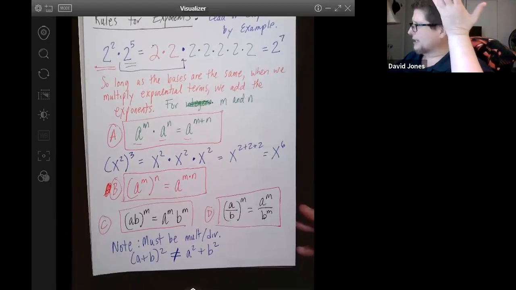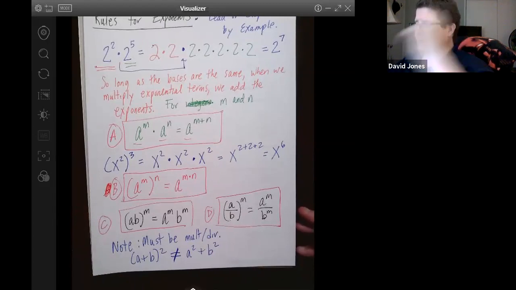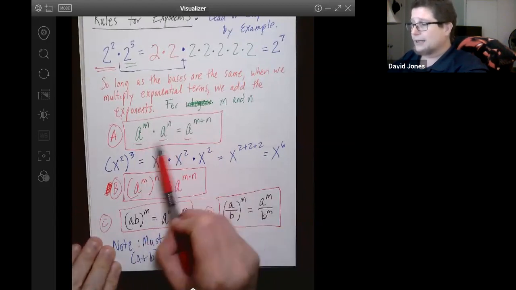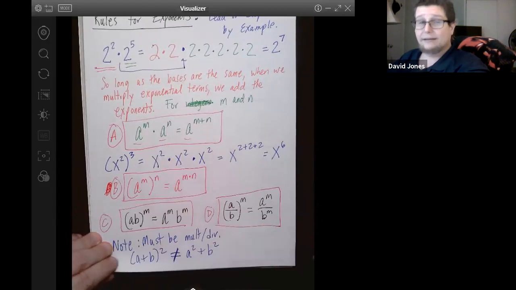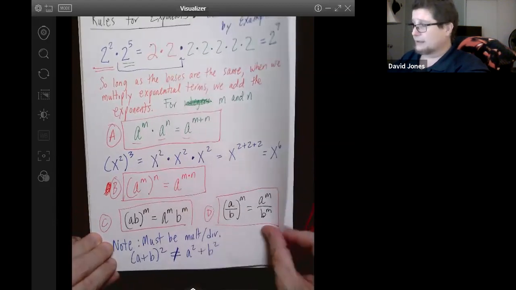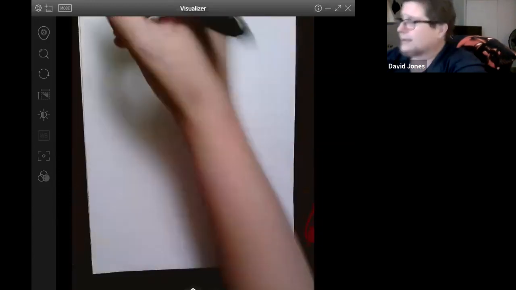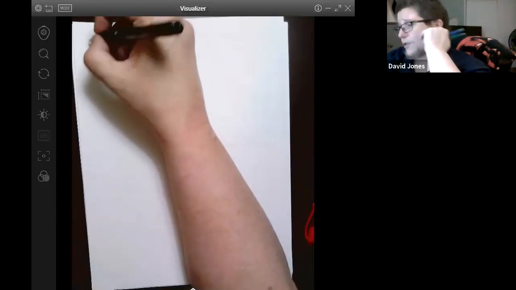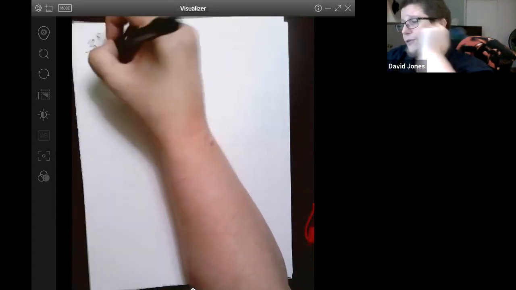Let's take a look at what happens when we've got the same base and we do division. Like here, we had the same base and we multiplied. What if we divide? Let's take a look at that. So my next example, let's say we've got 3 to the 5th power over 3 cubed.